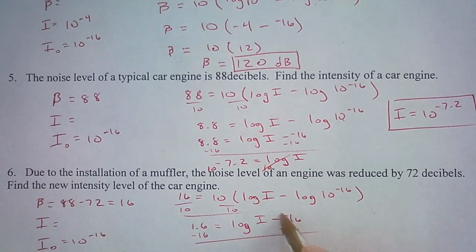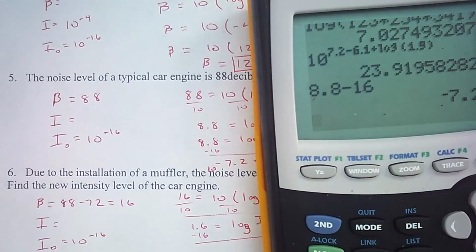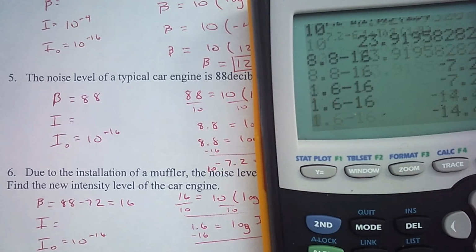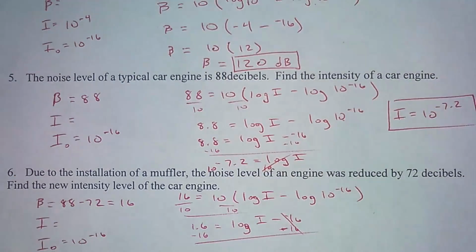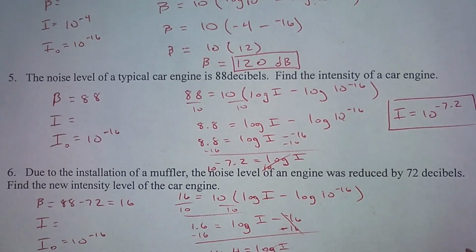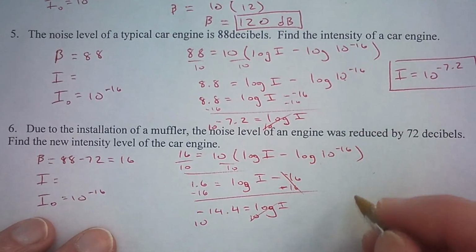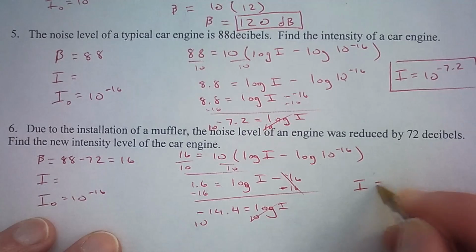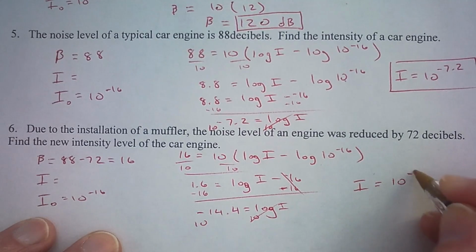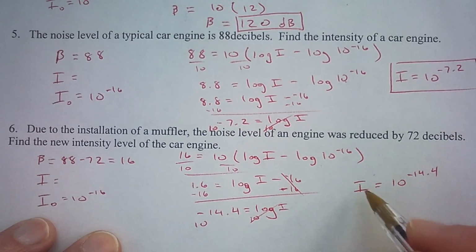So we have 1.6 minus 16, which is negative 14.4. So negative 14.4 equals log I. This is log base 10, so to cancel that out, I will put base 10 on both sides. So we get the level of intensity is 10 to the negative 14.4 power.